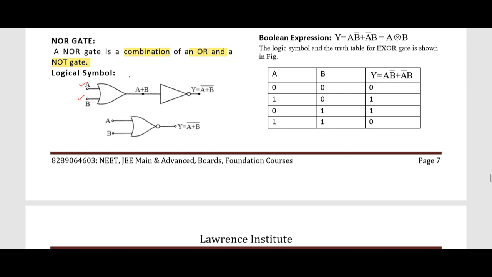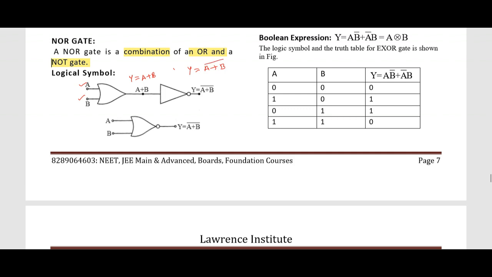Output is just according to our operation Y is equal to A plus B, and then we take NOT of this. This is NOT operation. We take NOT of this, and we get final output here. Y is equal to A plus B NOT.